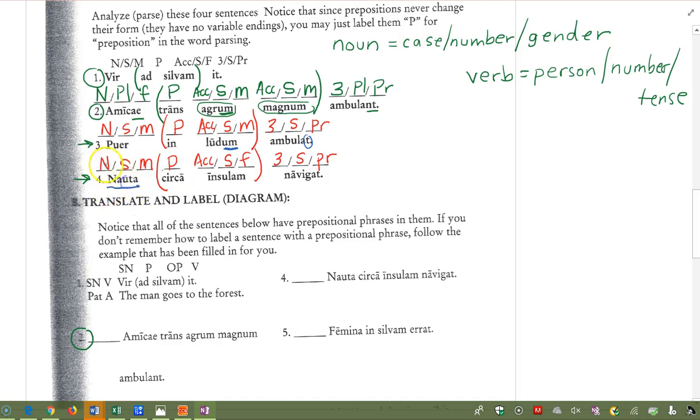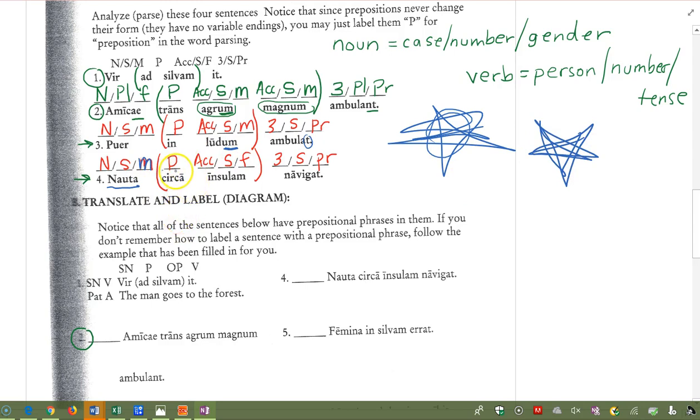Nauta. Nominative, singular, I, girly ending, but it's one of those pain ones. It's actually masculine. Did you get that? If you got a masculine on Nauta, I want you to just draw some giant, amazing star. Oh, that's terrible. Wow, because you got the hardest thing on this entire page.